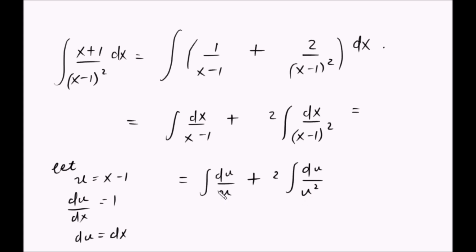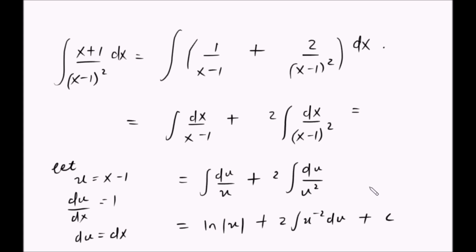So integrating this du over u, I get ln of u, but this one is u power negative 2, plus c, where c is a constant. So to integrate this u power negative 2, I will use the formula u power negative 2 plus 1 over negative 2 plus 1.